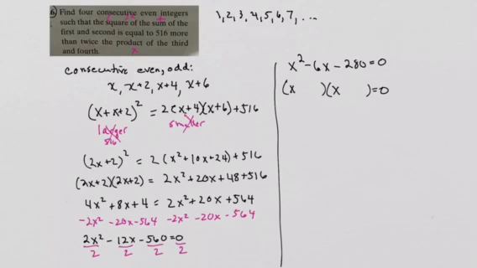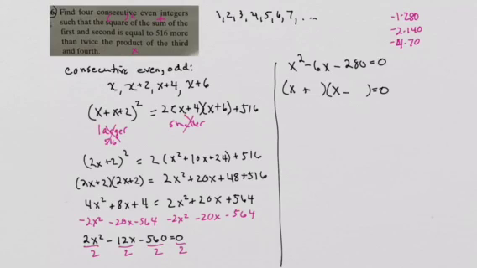Since there is a negative 280, we again need a positive number times a negative to get the 280. So I'll try negative 1 times 280, that adds to 279. Negative 2 times 140, that adds to 138. Negative 3, that doesn't work. Negative 4 times 70, that adds to 66.